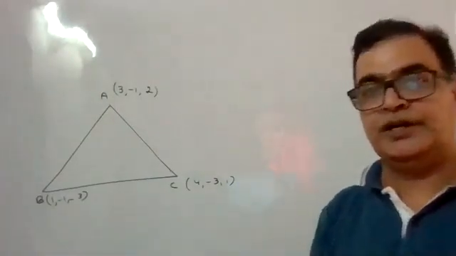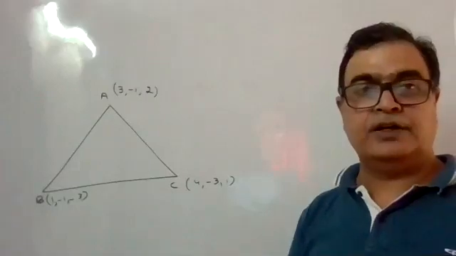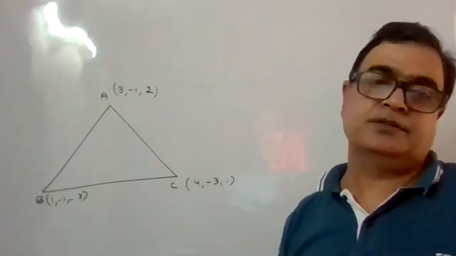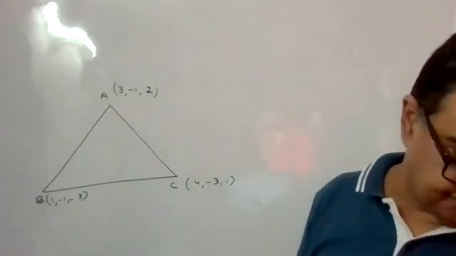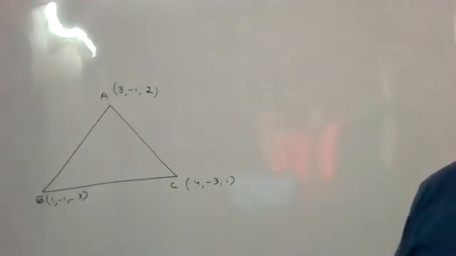So what should I do here? Unit vector perpendicular to the plane containing ABC, that is a triangle ABC. Yes, how to do it?